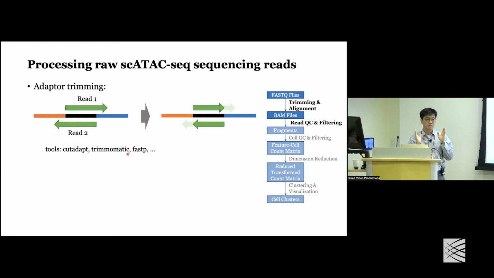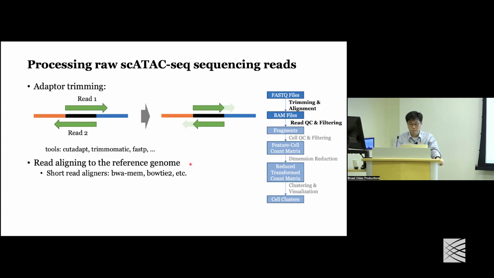The shortest possible fragment size is 35 to 37 base pairs, and the typical read length is 50 base pairs. More than 20% of the reads are actually shorter than 50, which means more than 20% of the reads are expected to contain part of the adapter sequence. So they should be removed before mapping to the reference genome.